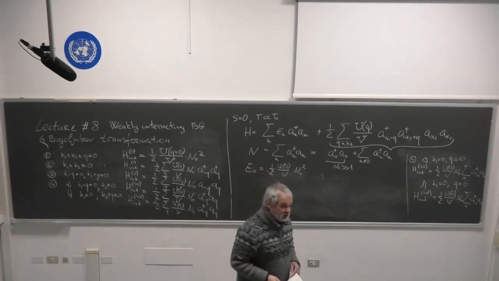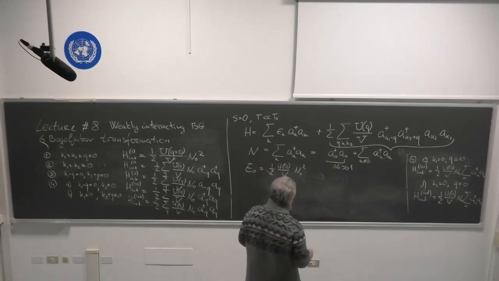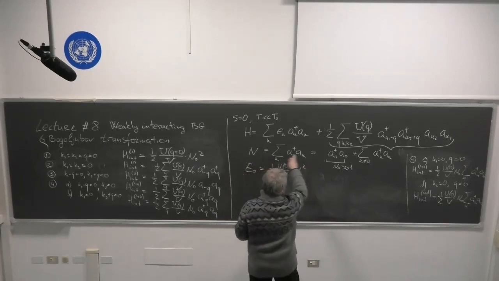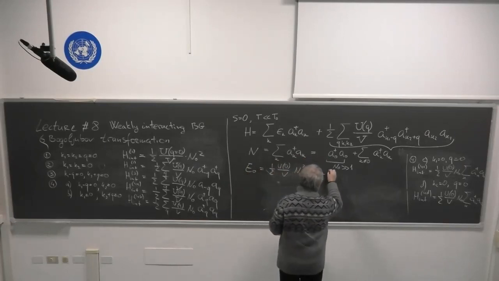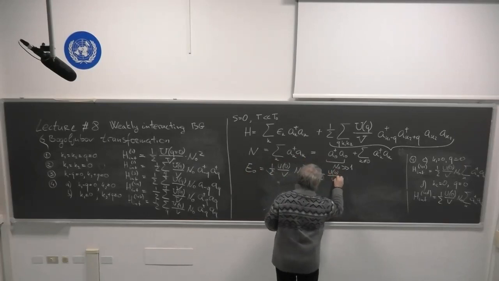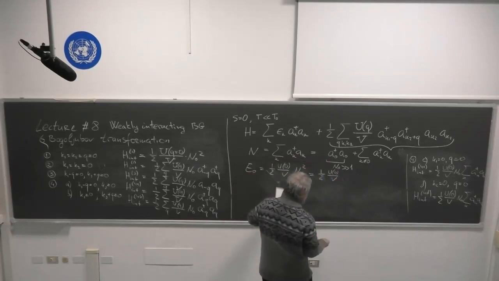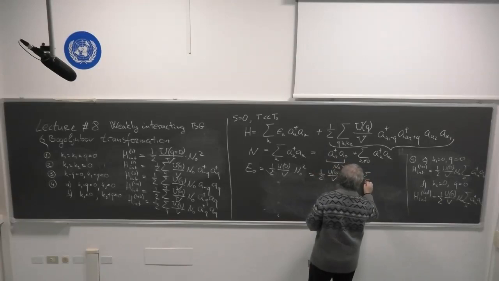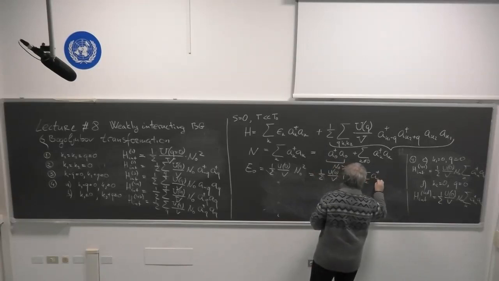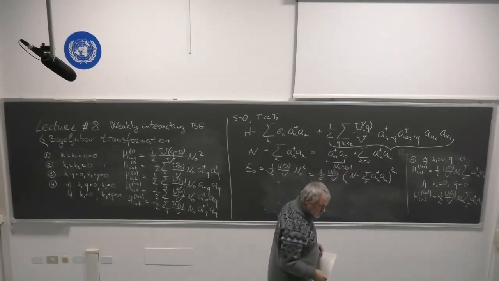But I would like to deal with the total number of particles. Therefore, using this line, I will rewrite it as 1/2 U node over V times N squared. But N node squared is N minus sum over K, A dagger K, A K, squared.